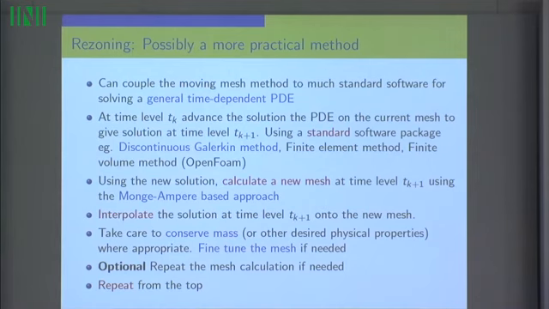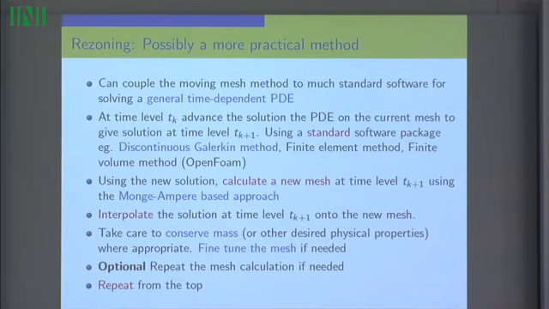DG is useful because it doesn't worry so much about non-structured meshes. Solve on that, then that gives you a solution. You then calculate a new mesh using the Monge-Ampère method that I described. You interpolate your solution onto that new mesh, taking care to get mass conservation and stuff like that, and repeat and repeat and repeat. Now that's missing out a ton of detail, but more or less it works.